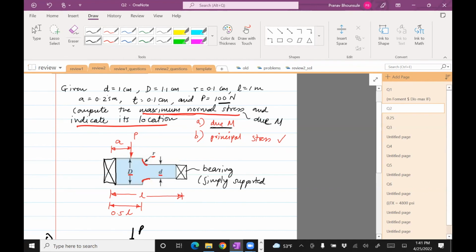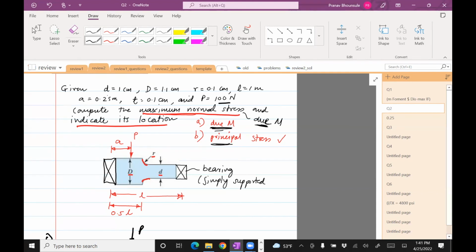Okay, so we'll deal with this, because the principal stress is just going to be more work. I just want to illustrate something about computing this value, and I think it will be more work to do B, so we'll do A. But I could definitely say maximum normal stress, in which case you would have to do it for principal stress. I'm just going to do it due to M. By M, I mean the bending moment. So in this case I only need to look at the bending moment diagram.